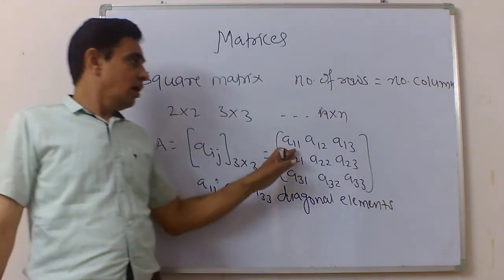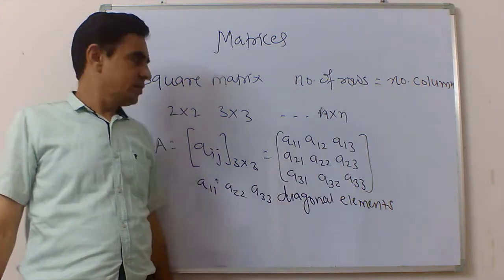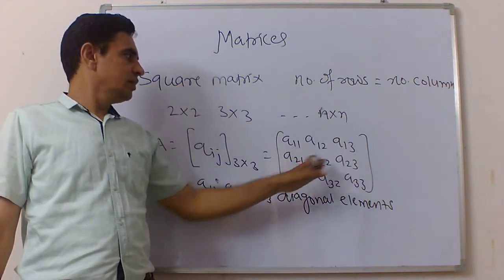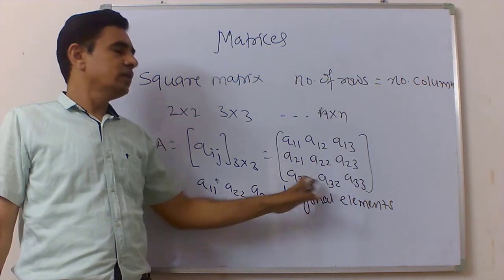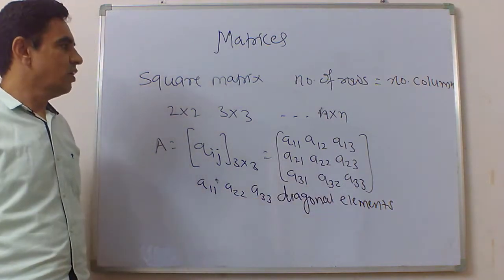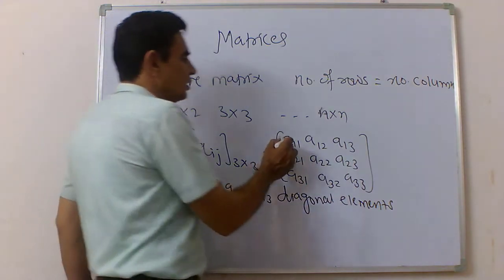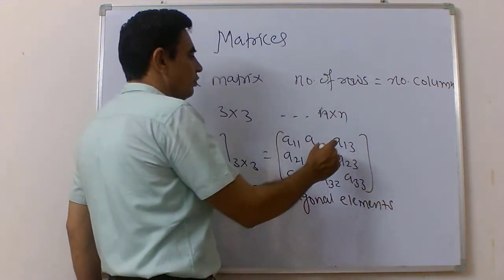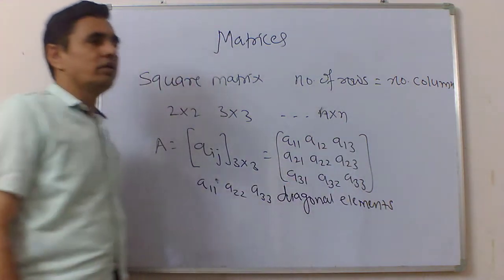Now the remaining or other elements, A12, A13, A21, A23, A32, A31, are called non-diagonal elements. These are the diagonal elements, and the other remaining are the non-diagonal elements.